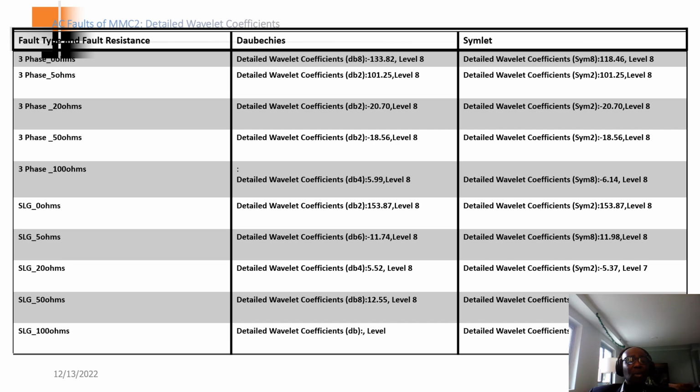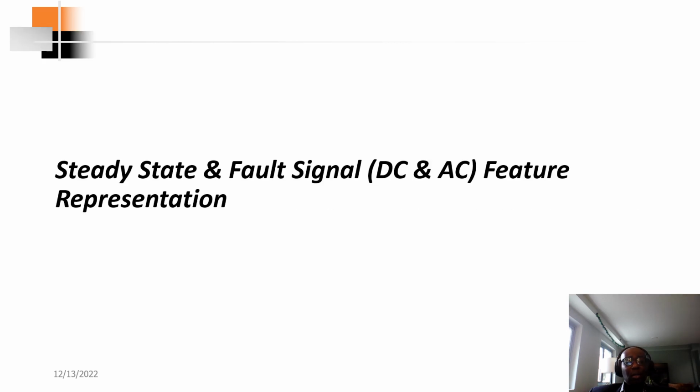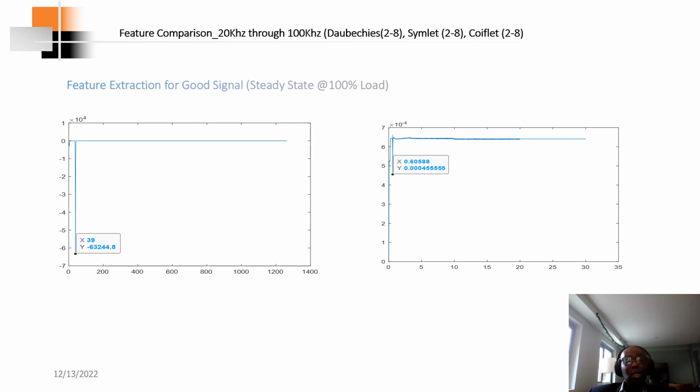and MMC1, MMC2. Okay, so feature extraction is very important. The selection of the mother wavelet should be able to extract the features that match exactly steady state AC and AC faults, DC faults. So I think Daubechies and Symlet did very well.